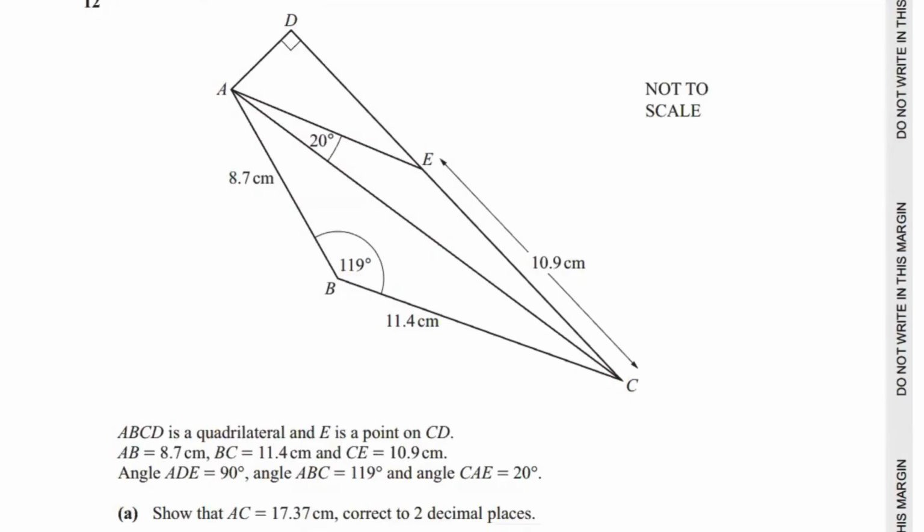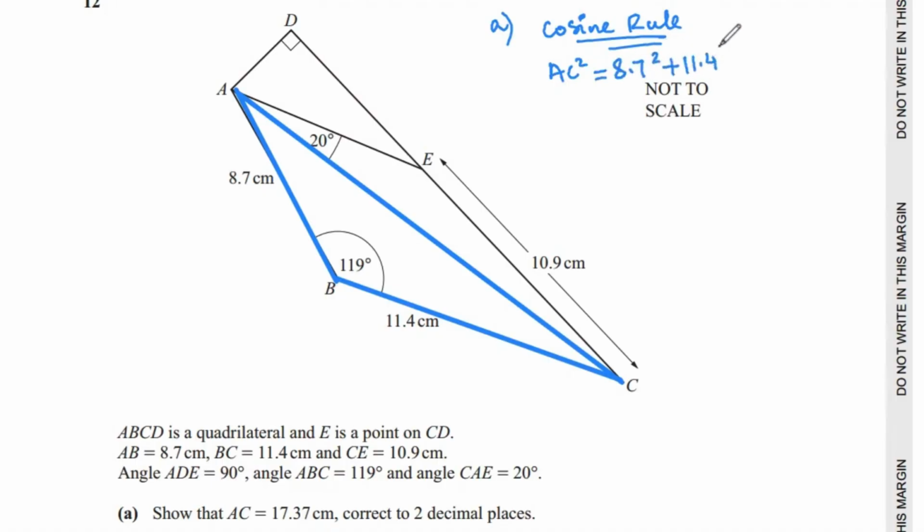AC. Okay. We are focusing on this triangle first. So as you can see, we have two lengths and the angle between them, and they're asking us to find the third length. So cosine rule. So that's going to be AC squared equals 8.7 squared plus 11.4 squared minus 2 times 8.7 times 11.4 times cos of 119.